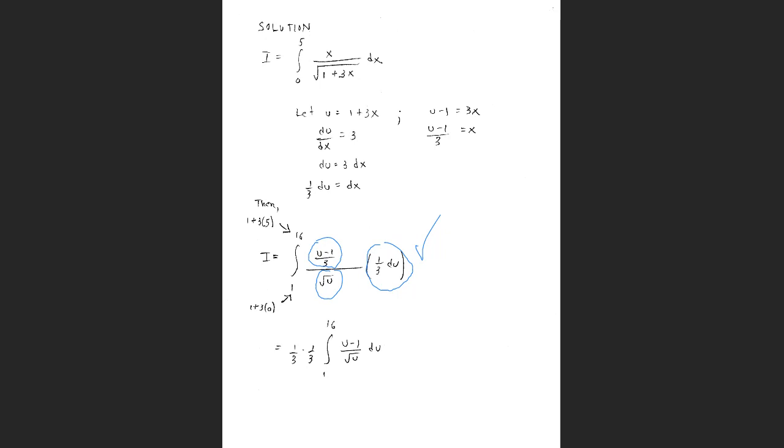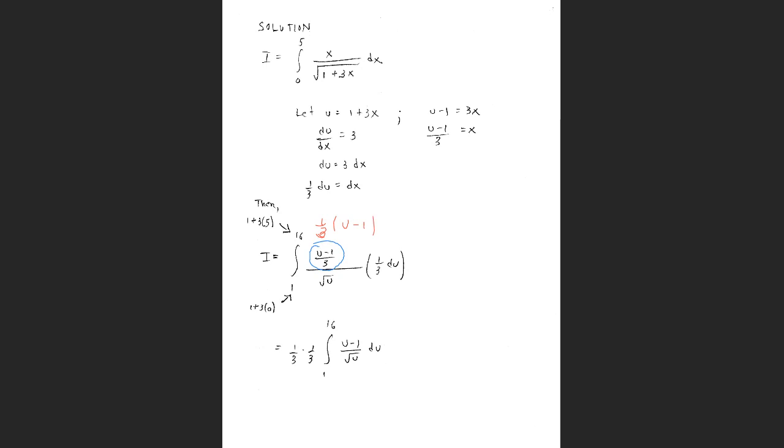All right. Well, I generally like to bring constants out in front of the integral because they can be kind of a nuisance. So (u minus 1) over 3 here is the same as 1/3 times (u minus 1).